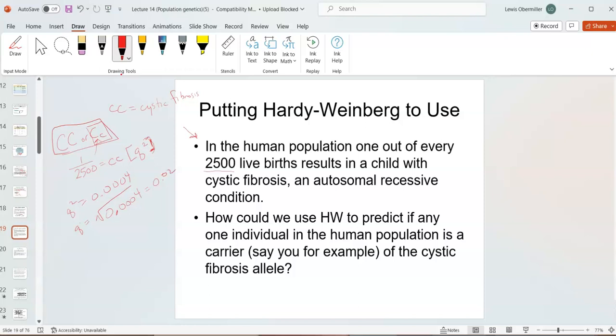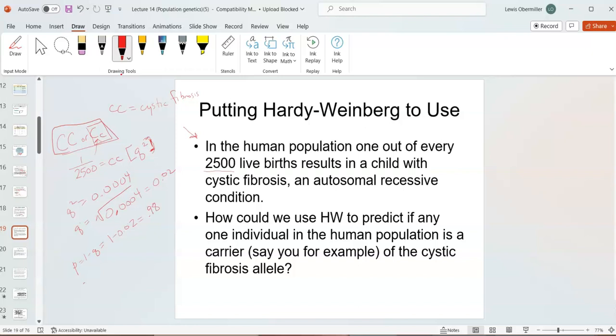0.0004 equals 0.02. So remember, P equals 1 minus Q. So 1 minus 0.02 equals 0.98.